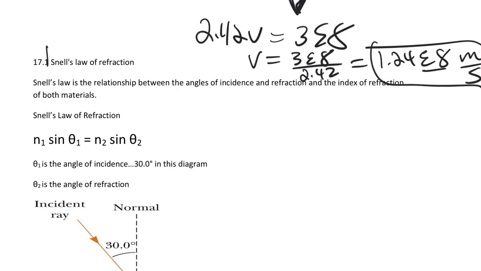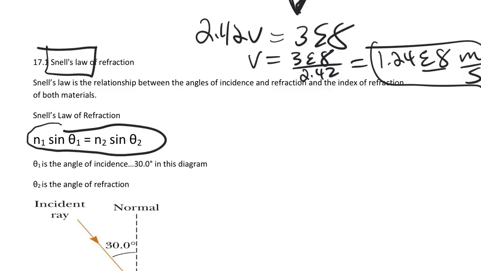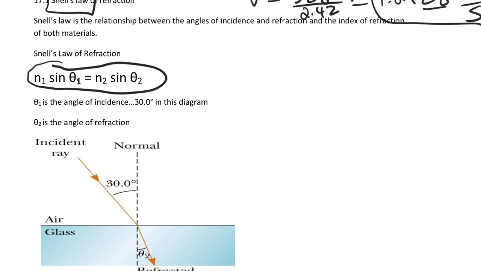Okay, so Snell's law of refraction is simply comparing the n's of the two mediums and the angle of incidence and angle of refraction. Usually I take 1 to be the angle of incidence and 2 to be where it's going to, where it's going to be refracting.